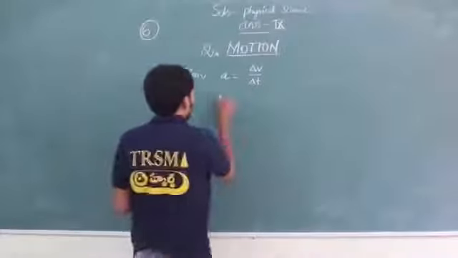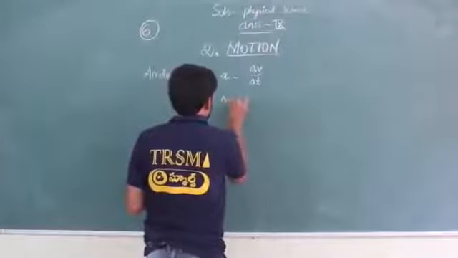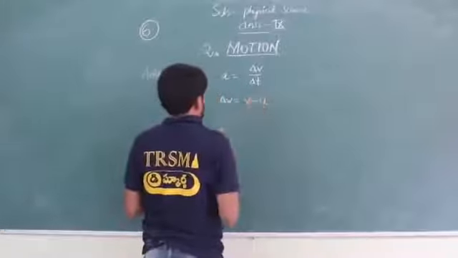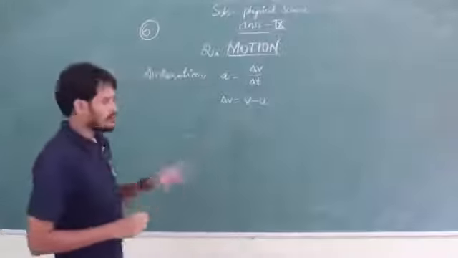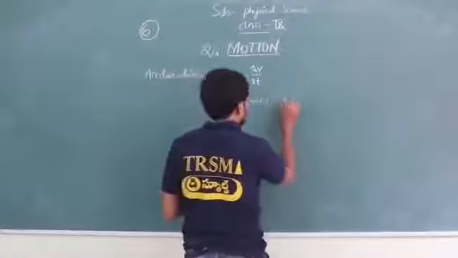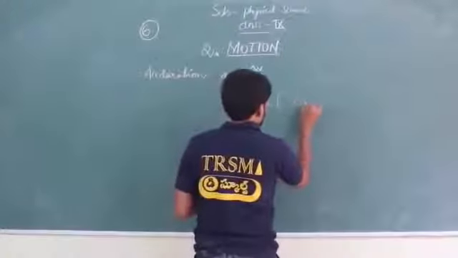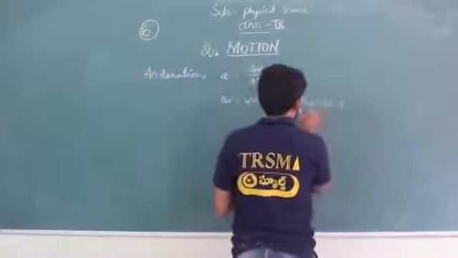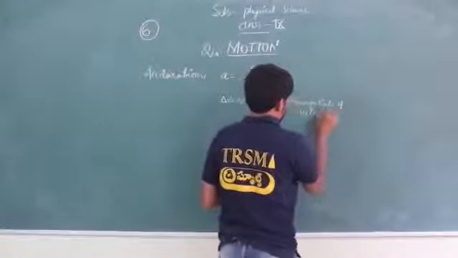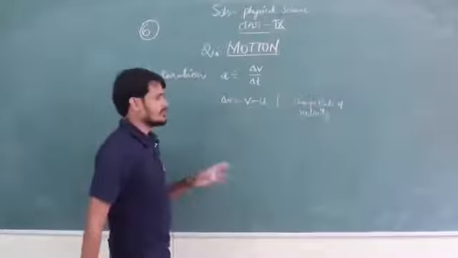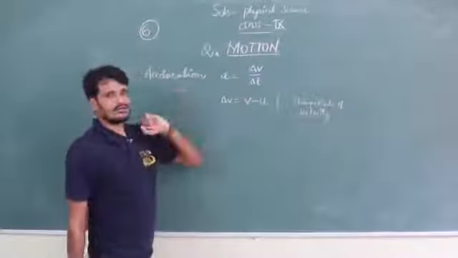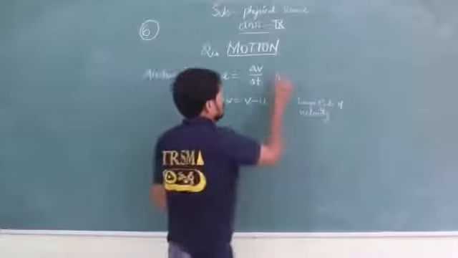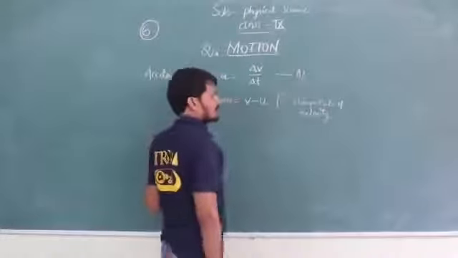Now here del v equals v minus u, since it is the change in velocity. Now substitute del v into equation number 1.